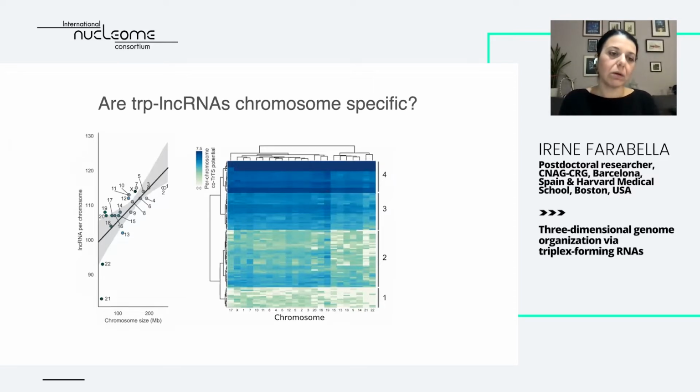We also checked that multiple long non-coding RNAs can bind different chromosomes, and all chromosomes are targeted by multiple long non-coding RNAs depending on their length and size. Then we calculated, per chromosome, the co-localizing triplet target potential.